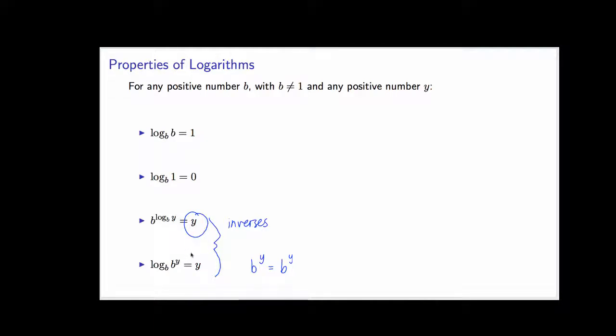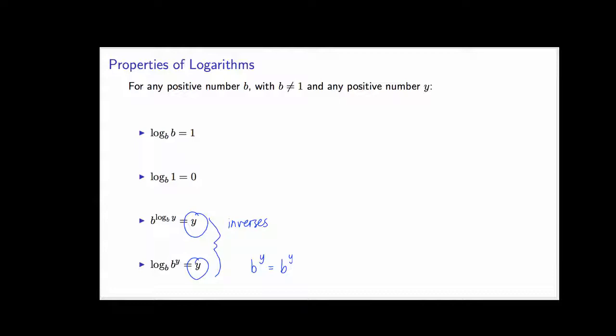And similarly, if you start with a number y, compute b to the y, and then take the log base b of that result, you just get back this y that you started with. So the exponential and logarithmic functions are inverses of one another, and we'll explore that property in more detail when we go on to study functions in more detail.